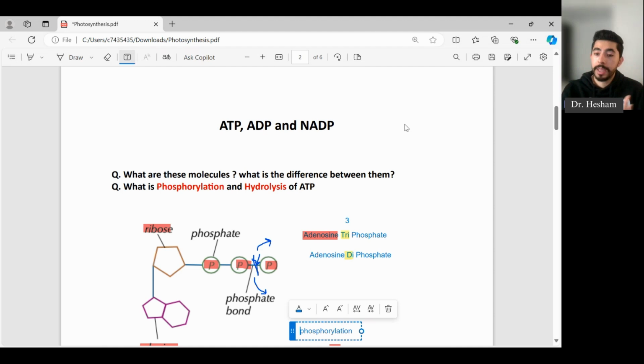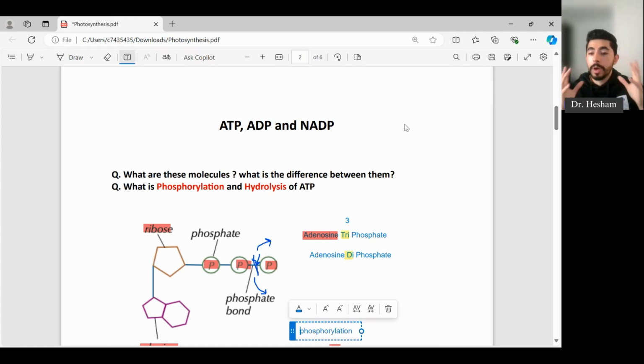How does it help an enzyme? How does this happen? So NADP is a molecule that can be easily reduced. So it can accept a hydrogen atom or hydrogen ion.